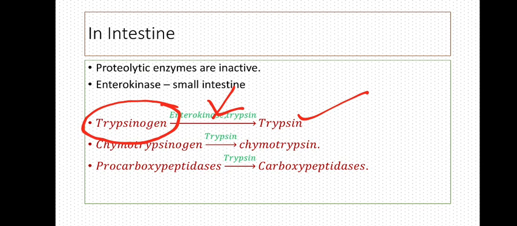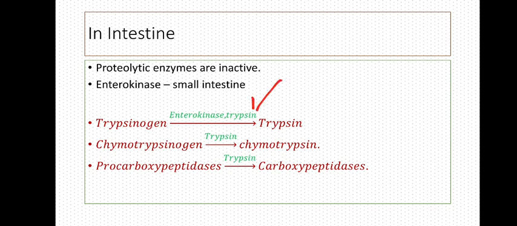Now, trypsin has an autocatalytic property, and it can itself activate the remaining trypsinogen to trypsin. Not only that, the same trypsin can also activate chymotrypsinogen to chymotrypsin and can also activate procarboxypeptidases to carboxypeptidases.